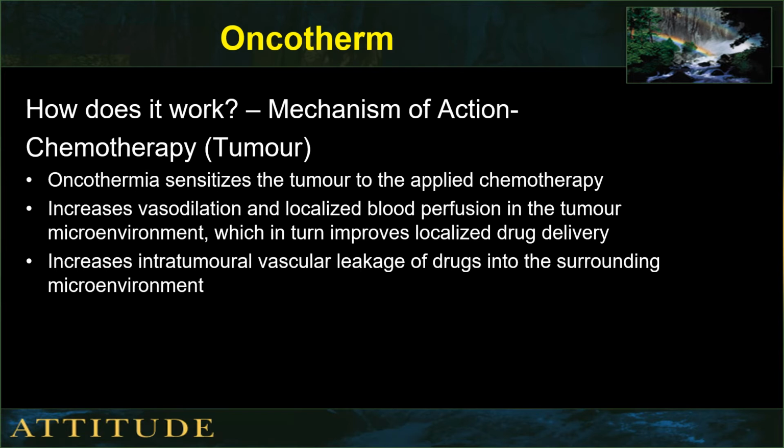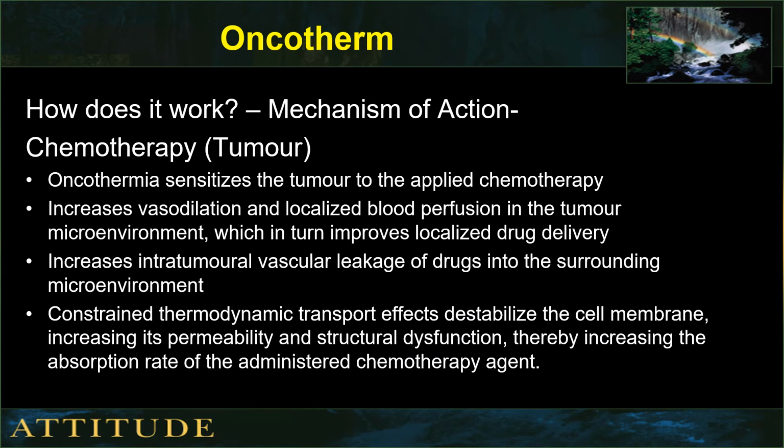It increases the vascular leakage of the drug into the surrounding microenvironment. And that last point, the constrained thermodynamic transport effects, destabilizes the cell membrane. It increases its permeability and structural dysfunction, thereby increasing the absorption rate of the administered chemotherapy agent. That's just a tongue twister of saying, hey, Oncotherm heats up the tumor. By doing so, it disrupts the cellular membrane, allowing the chemotherapeutic agent to leak in.